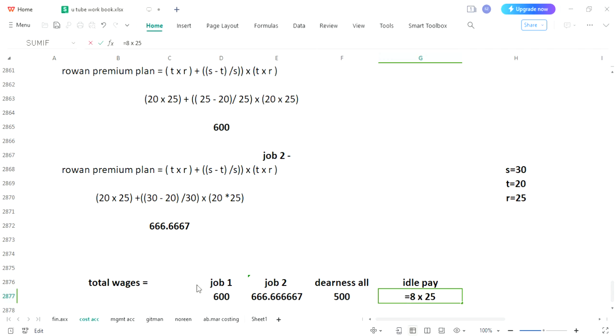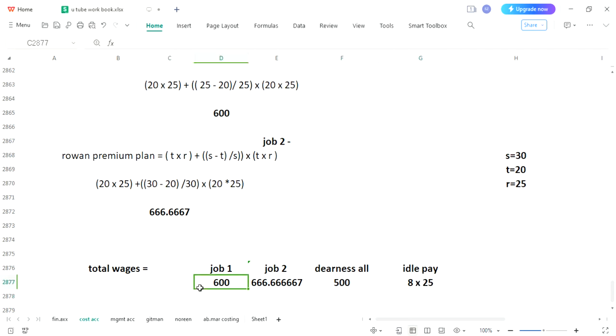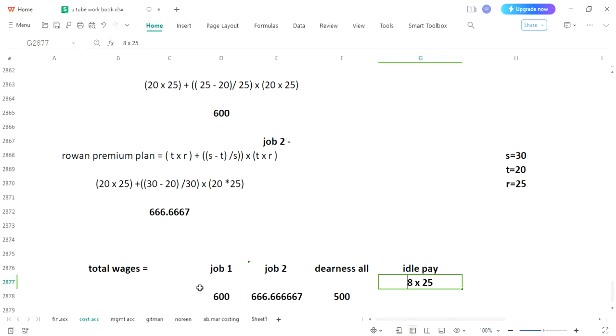So in this way, let me put it as it is, and we can take these amounts to the lower portion so that you remember what we have done. What was it? 8 hours he had waited and 25 was per hour.